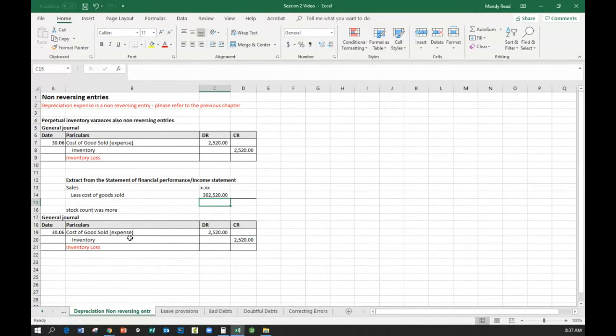Sometimes we might have a situation where you do the inventory stock count and the inventory was more than the $91,520 recorded in the perpetual system.